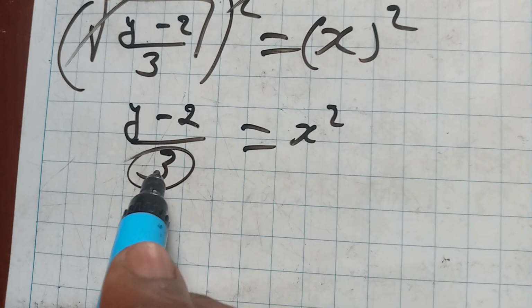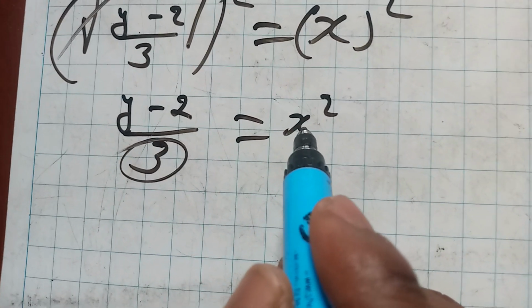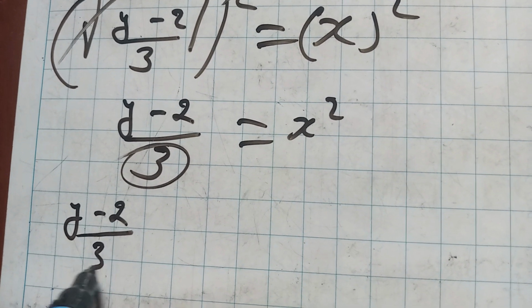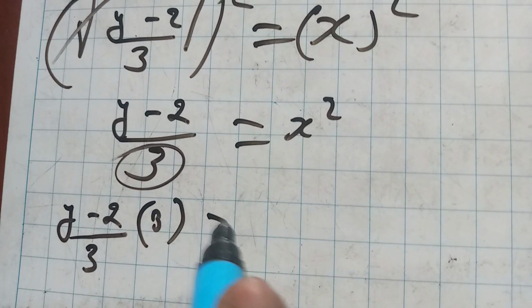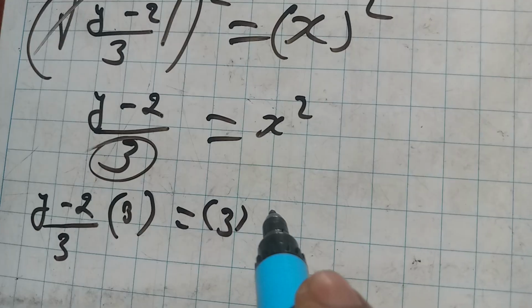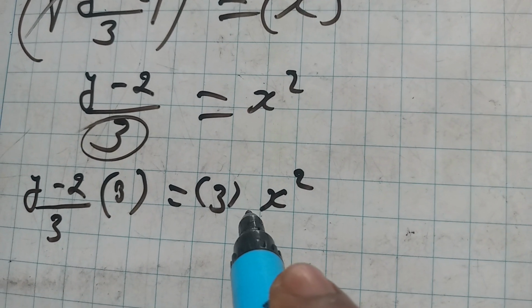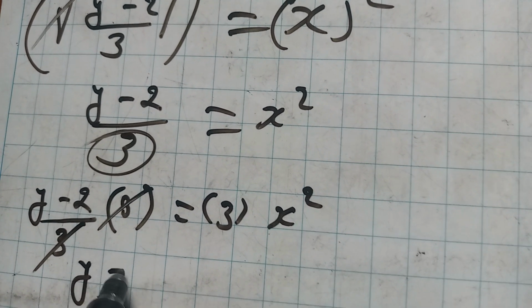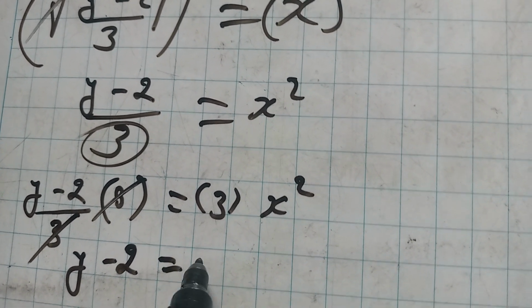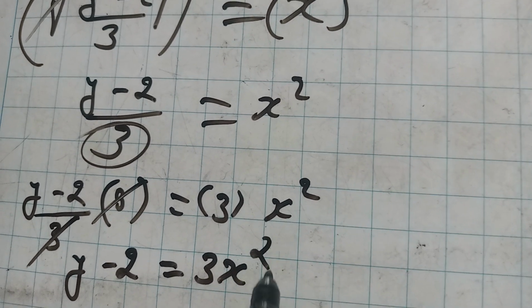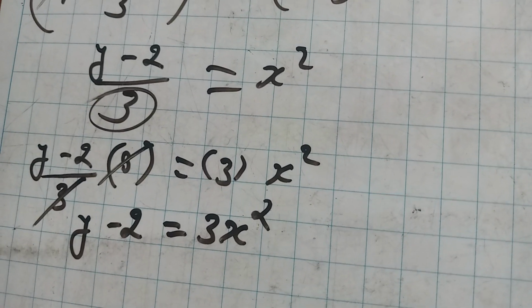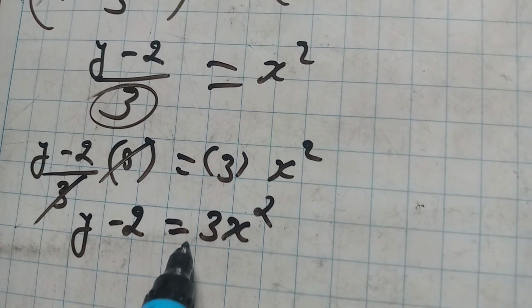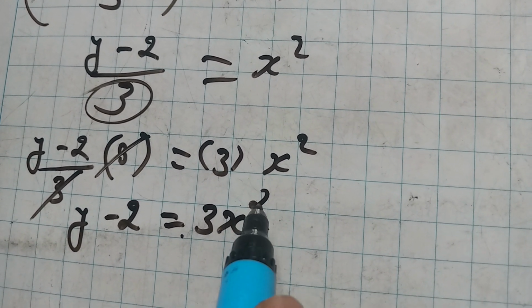When it is dividing, now it would be multiplying. So you have y minus 2 divided by 3 times 3, equal to 3 times x squared. So y minus 2 equals 3x squared.